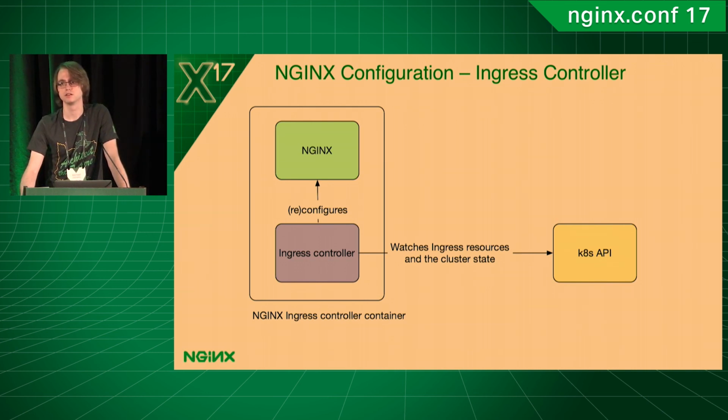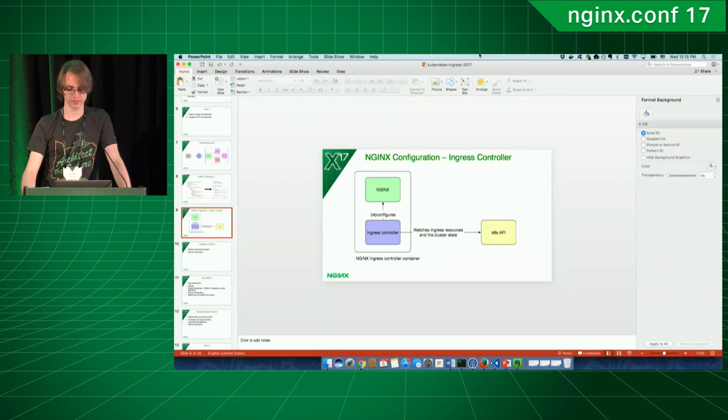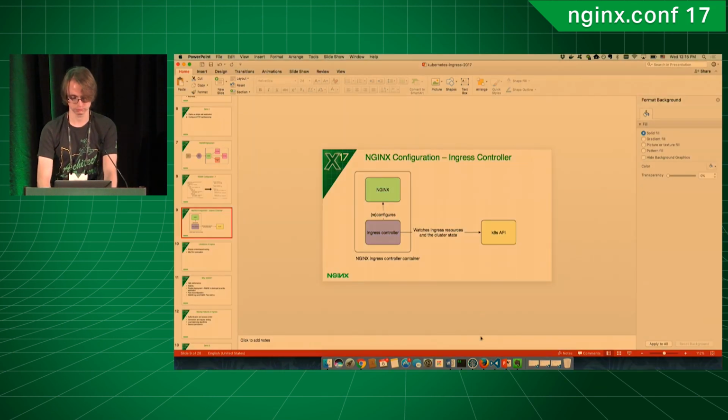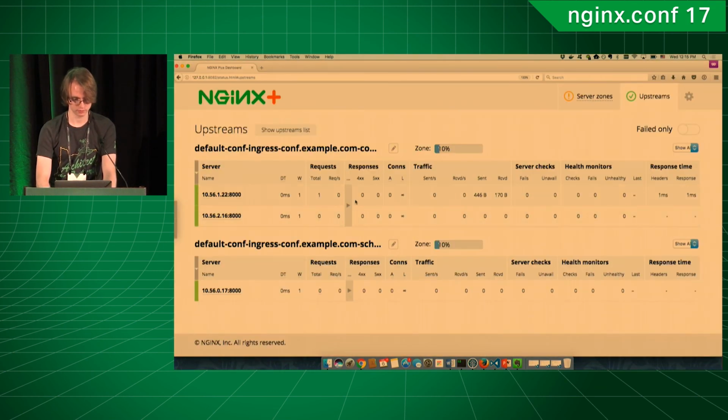Do you have a case where it watches the resources and reconfigures? No, but I can. I did it when I updated the Ingress configuration from one to another. But I can quickly show you another case of changing the configuration. For example, we have two containers here for the conference app.